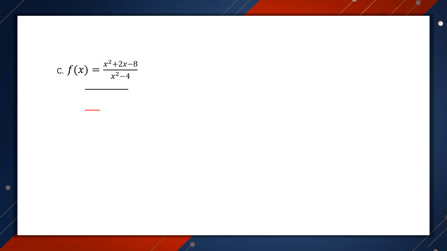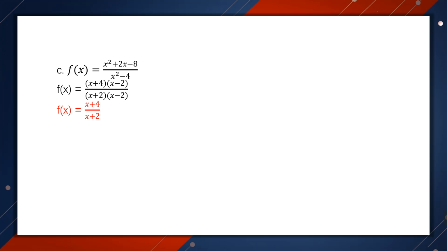Then the third question is f of x equals x squared plus 2x minus 8 over x squared minus 4. We could factor the function to make it clearer: f of x equals (x plus 4) times (x minus 2) over (x plus 2) times (x minus 2). We can see that there is the same factor, x minus 2, in both the denominator and numerator.